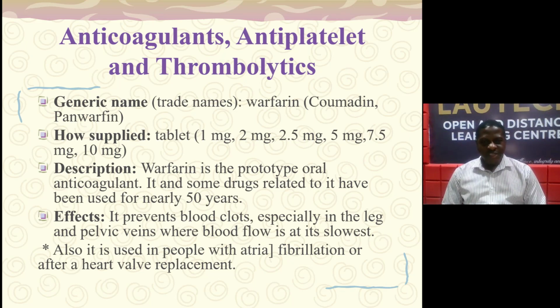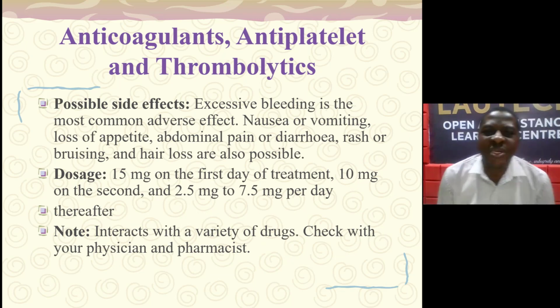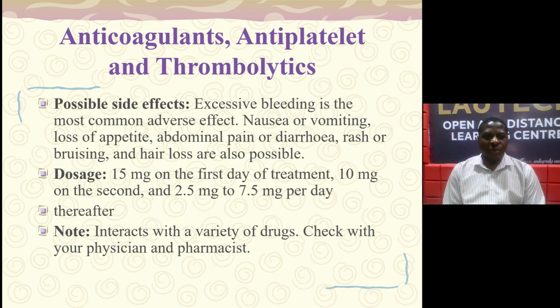The effect: it prevents blood clots, especially in the legs and pelvic veins, where blood flow is at its lowest. Also, it is used in people with atrial fibrillation or after a heart valve replacement. Possible side effect of warfarin is that excessive bleeding is the most common adverse effect. Nausea or vomiting, loss of appetite, abdominal pain or diarrhea, rash or bruising, and hair loss are also possible.